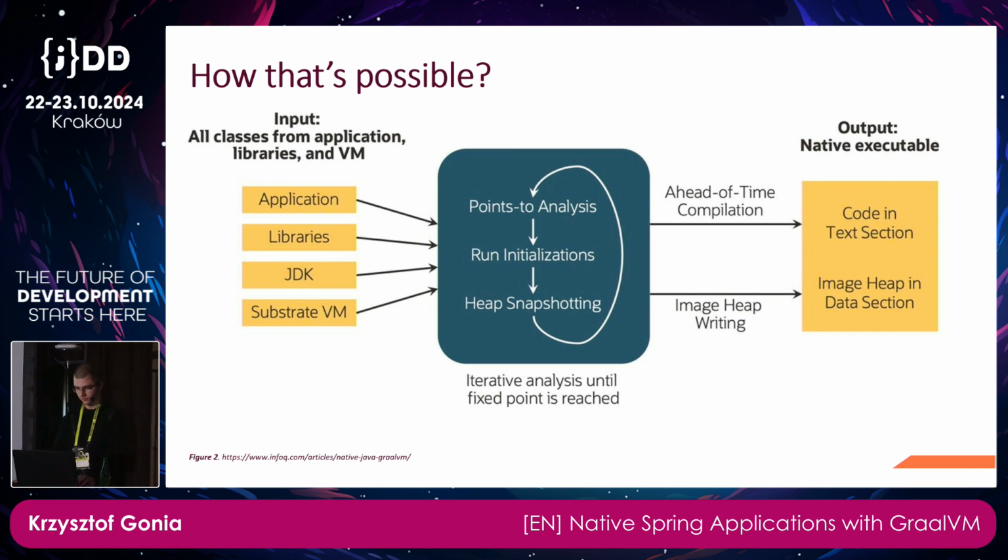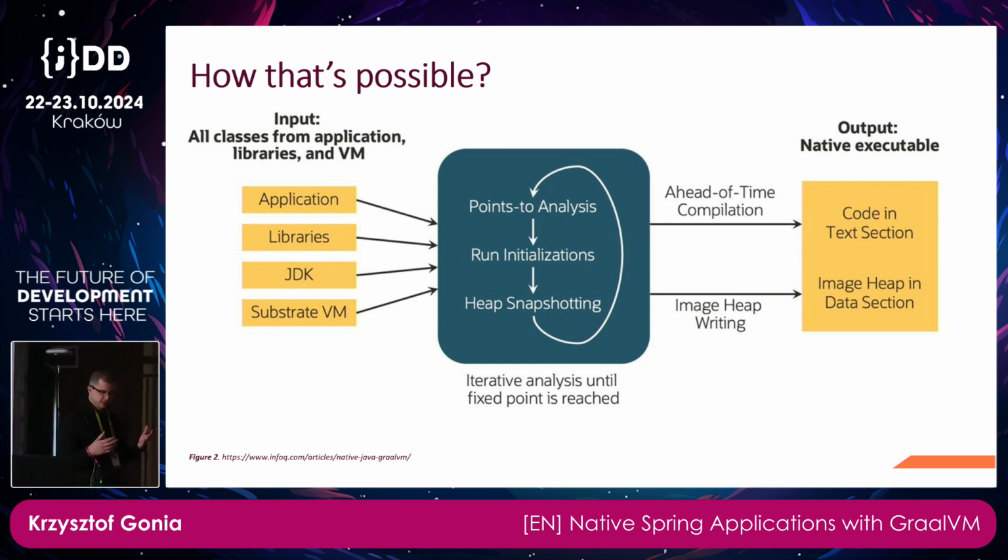So how is that possible? GraalVM takes our application code and our libraries, and analyzes them. It searches for the classes that we are using and checks what methods are needed to run our code. It also builds in a JVM called Substrate VM.